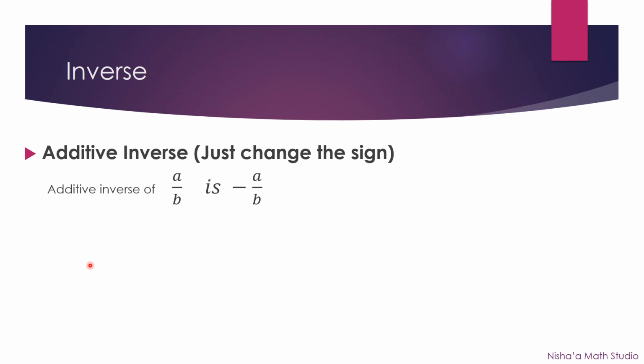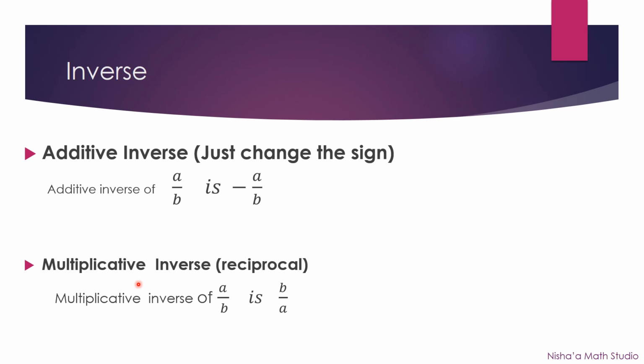Whereas the multiplicative inverse is nothing but reciprocal. The multiplicative inverse is just interchange the numerator to denominator and denominator to numerator. Let the sign be as it is. That is, if it is negative here, here also it is negative. In the multiplicative inverse, you are only interchanging the numerator and the denominator.